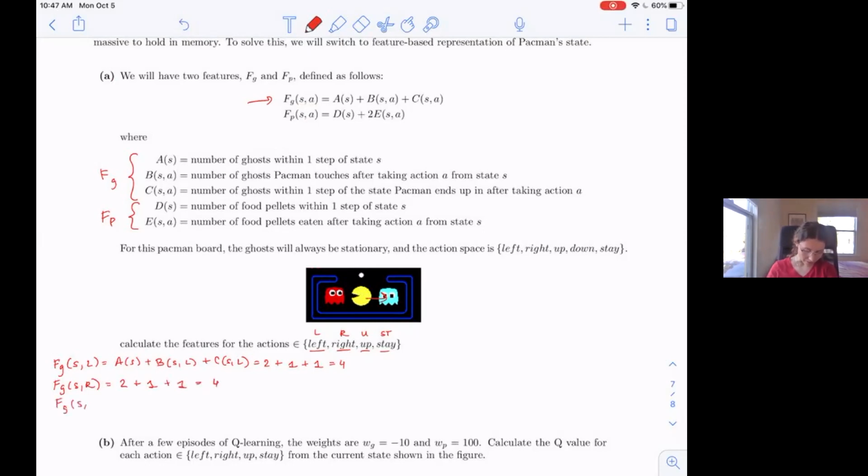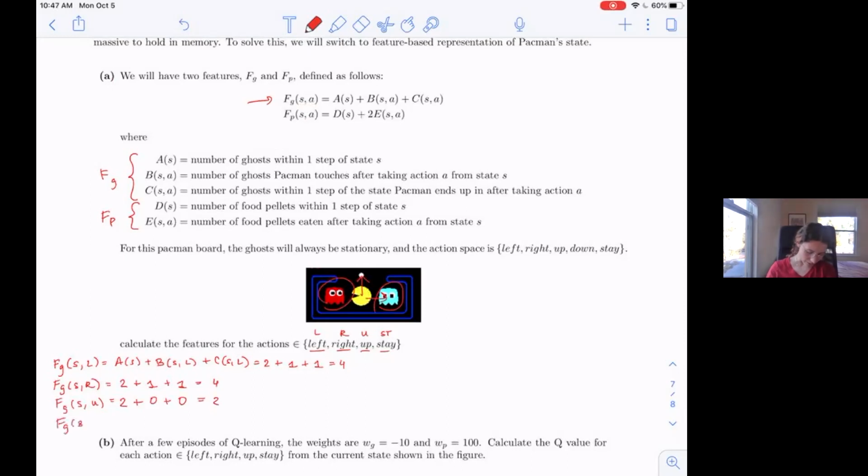FG of S up. If Pac-Man is in state S, there's still going to be 2 ghosts within one step because he's surrounded by ghosts on left and right. But after he goes upwards, there's going to be 0 ghosts that he touches and 0 ghosts within one step. So that's going to be 2.